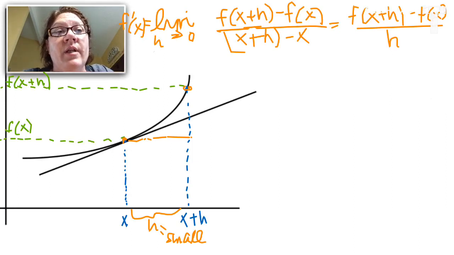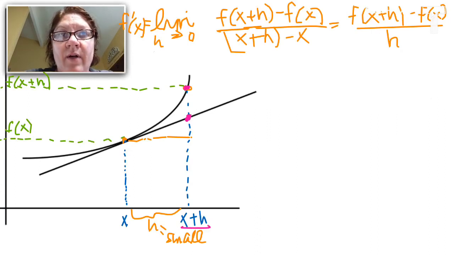And of course, with the diagram that I have, if I approximate this current y value, I would get this, because I'd use the tangent line and I'd know the equation of the tangent line, so I could simply substitute in x plus h, whatever that x value happens to be, and I would get this point right here.